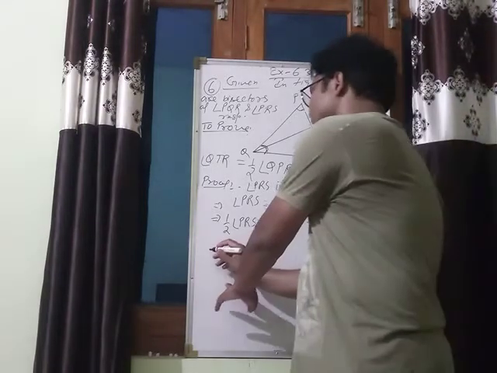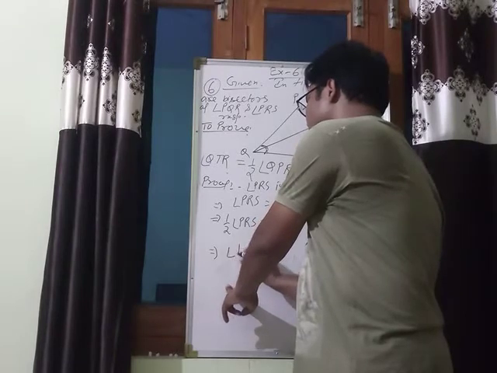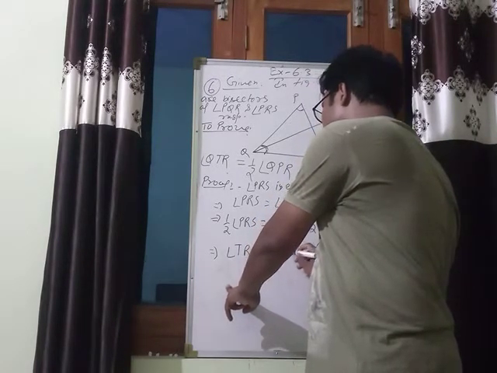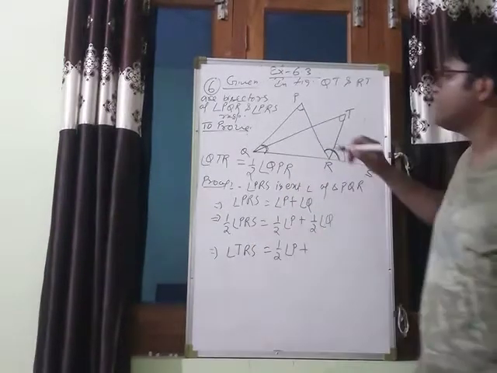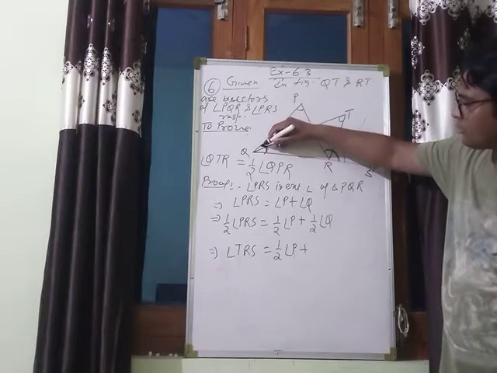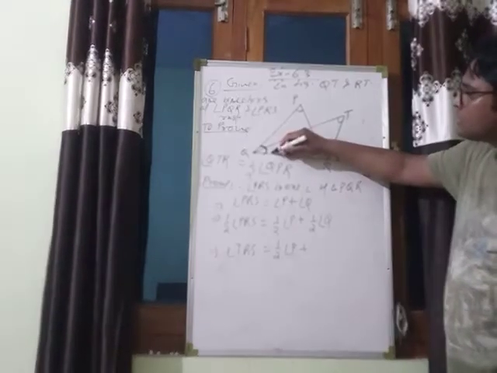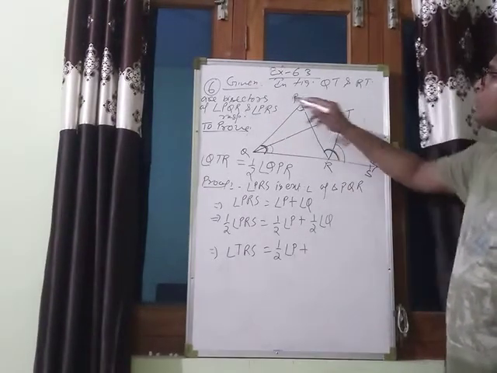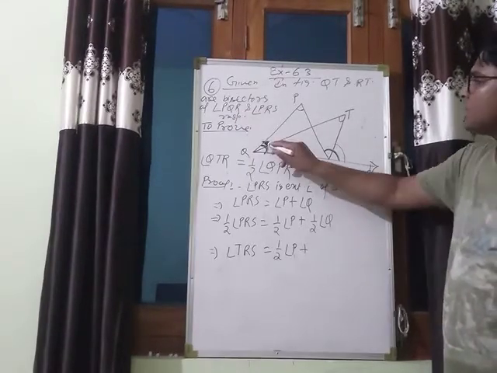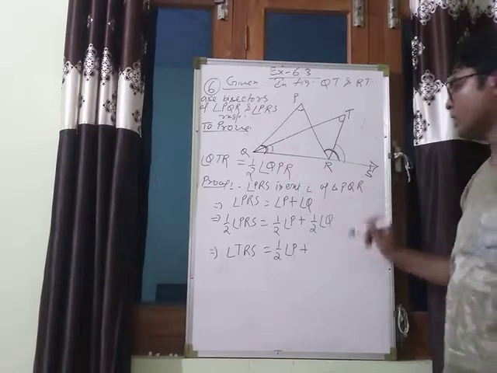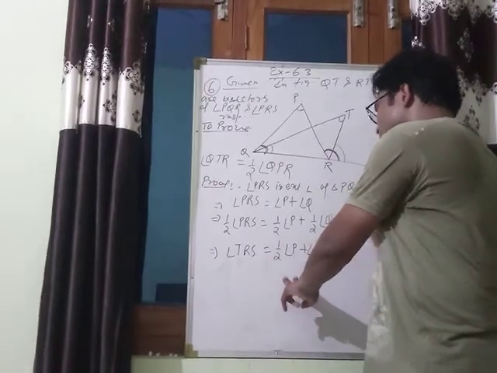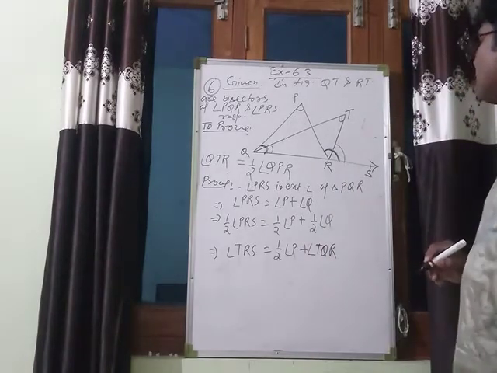So angle TRS is equal to half of angle P plus half of angle Q. This one is angle Q, so its half is this one, because QT is bisector of PQR. So its half will be TQR, that is angle TQR.